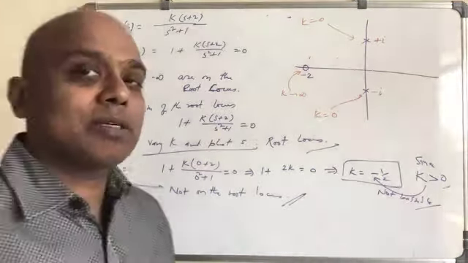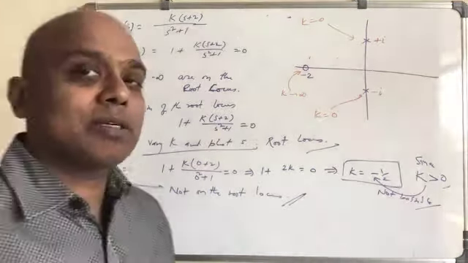This value is positive, hence it is possible, but that will only happen when the magnitude of s is more than 2, that is s less than minus 2: minus 2, minus 3, minus 4, all those are possible. So this also tells you that the values on this side are on the root locus, but this part is not on the root locus.